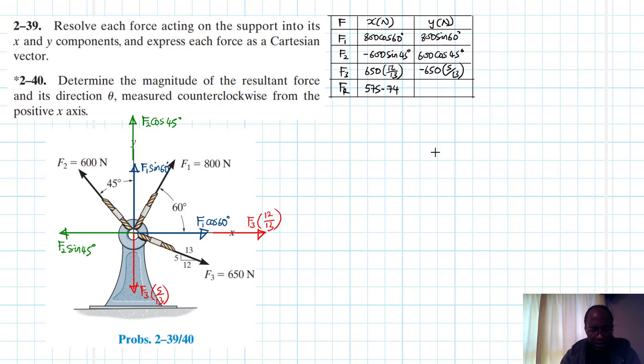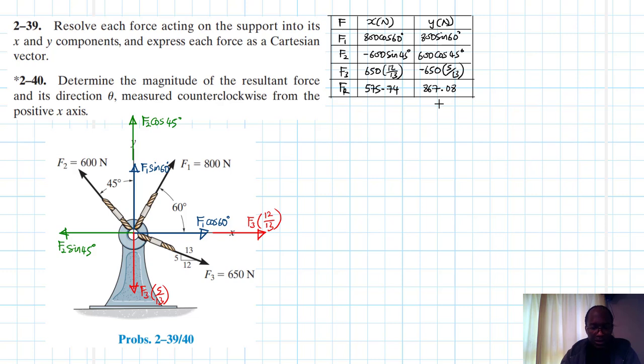The other one: 800 sine 60 plus 600 cos 45 minus 650 times 5 divided by 13.